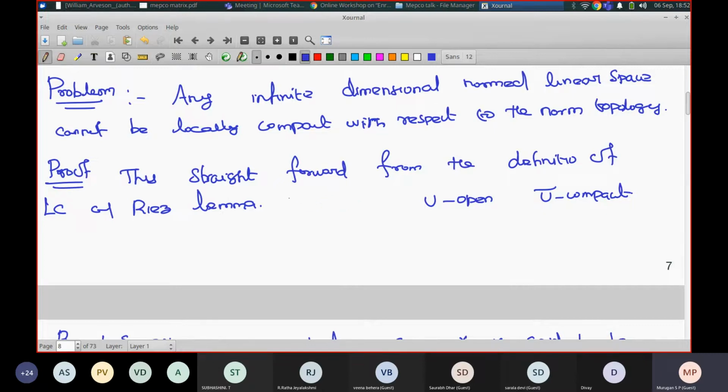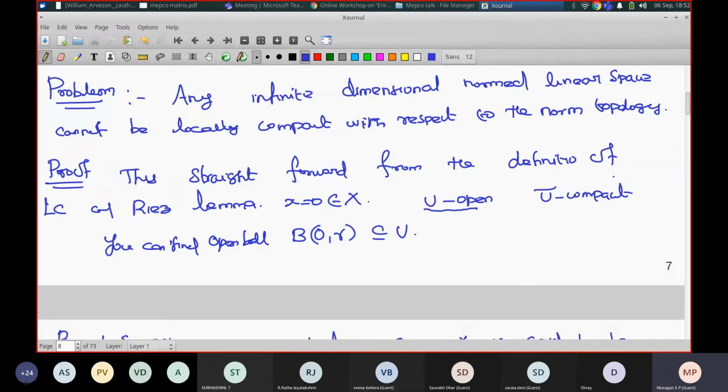It is very simple for me. So you can find an open set whose closure is compact, right? So this is an open set. There exists an R greater than 0, so you can find some open ball of radius R contained in U, because U is open.